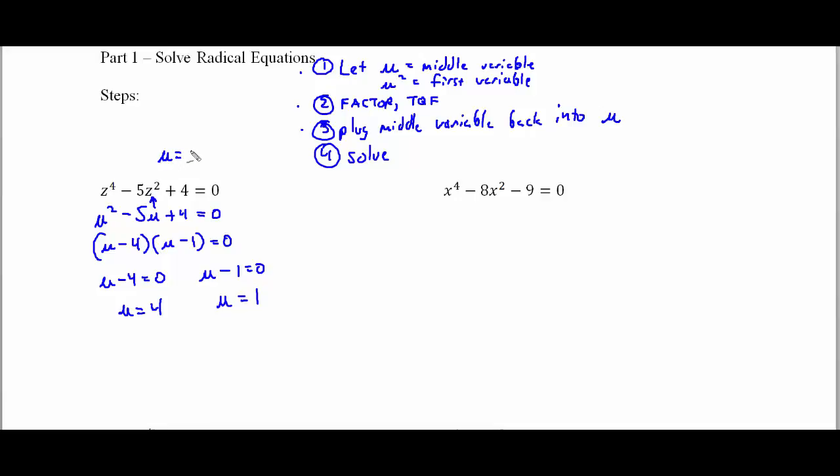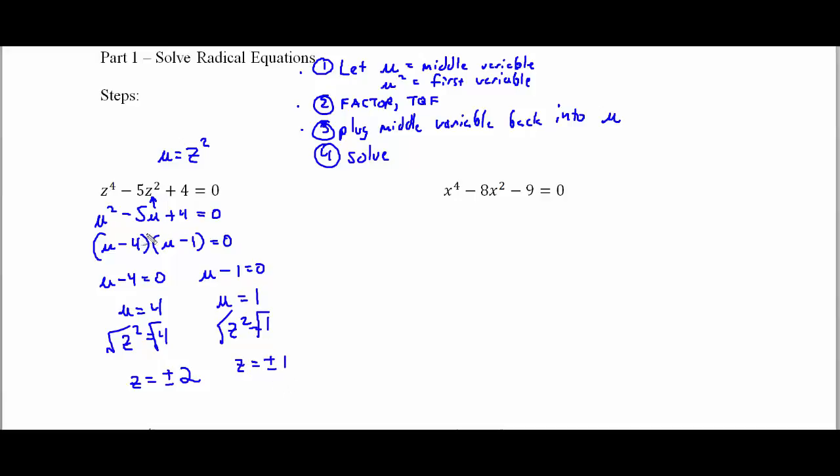So u is equal to z squared. Now I'm going to change that back into z squared is equal to 4, and here z squared is equal to 1. So I'm going to take the square root of both sides like so. That gives me z is equal to plus or minus the square root of 4, which is 2. Here I'm going to take the square root, so z is equal to plus or minus 1.